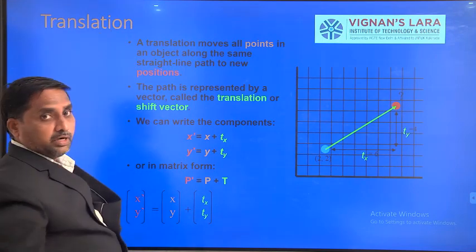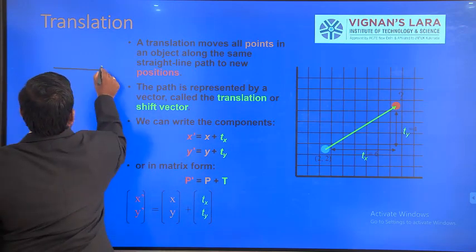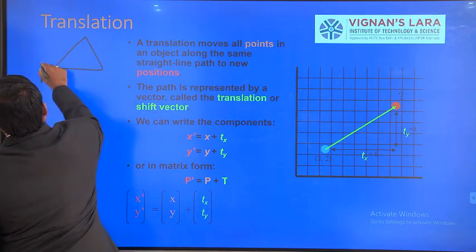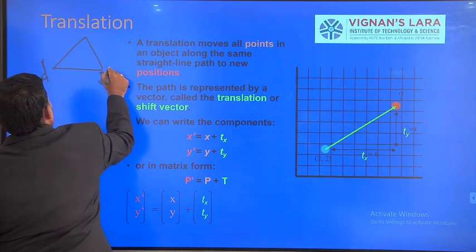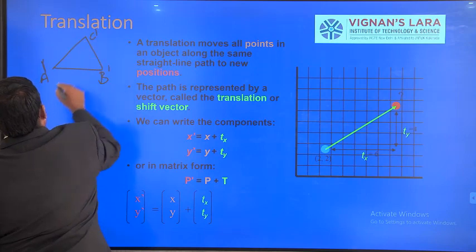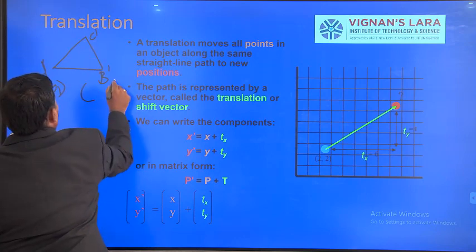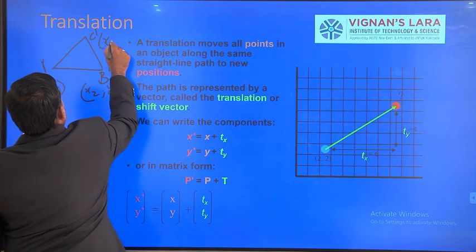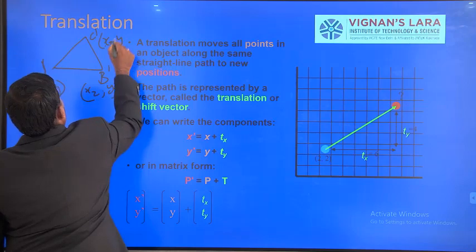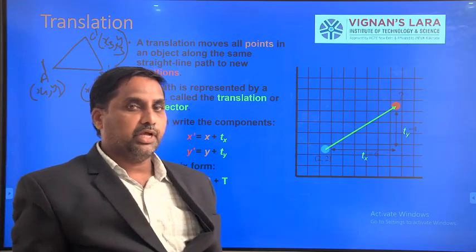Similarly, a triangle in matrix form. How will we represent it? Consider a triangle A dash, B dash, C dash. A coordinates are x1, y1, B coordinates are x2, y2, and C coordinates are x3, y3. How will we represent the triangle A dash, B dash, C dash in matrix?